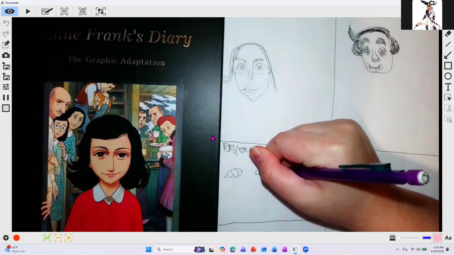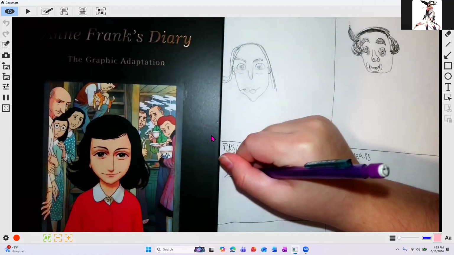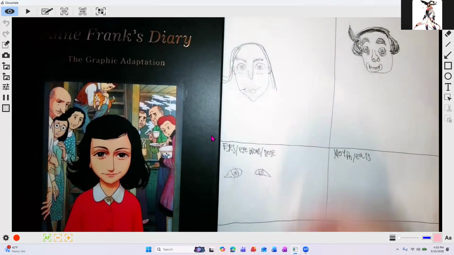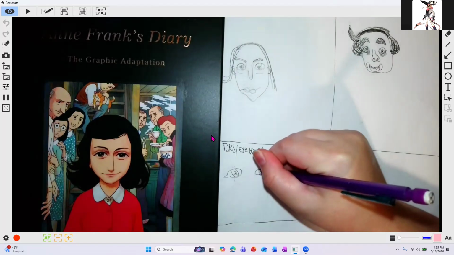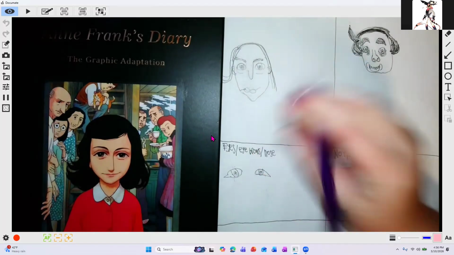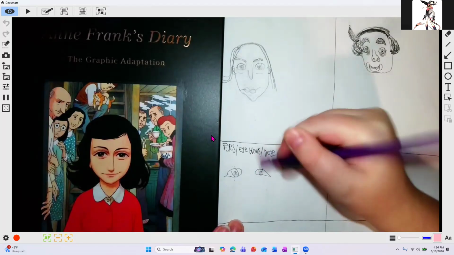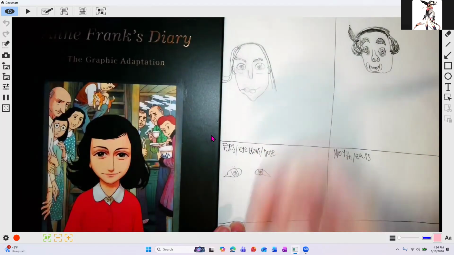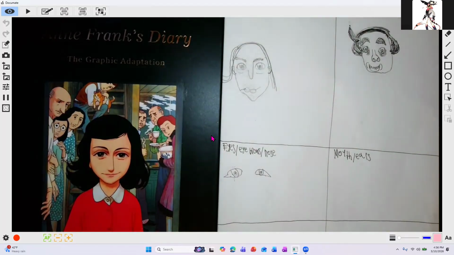And then we're going to do a little dot, and then the eyeball. Oh well. Comment down below if your guys' looks better than mine.